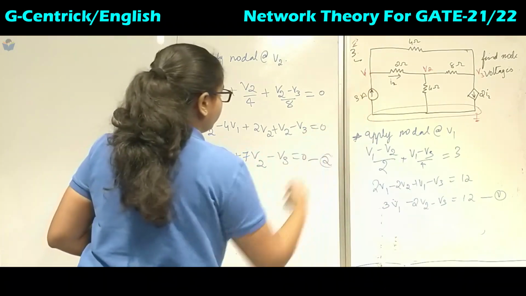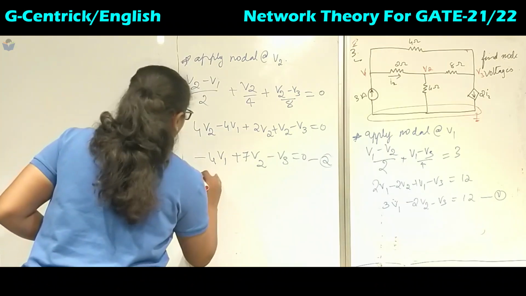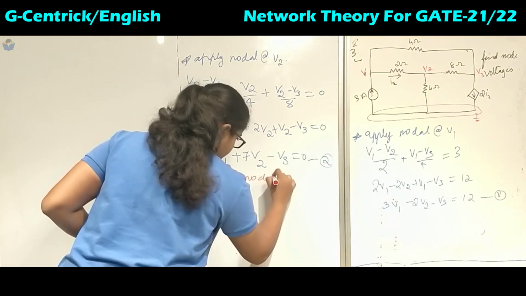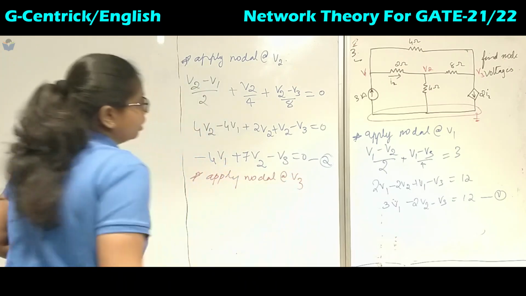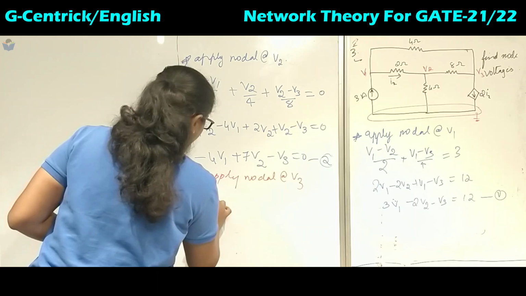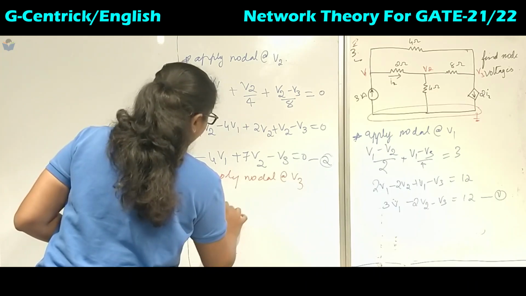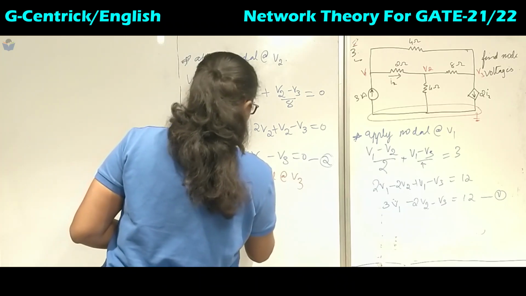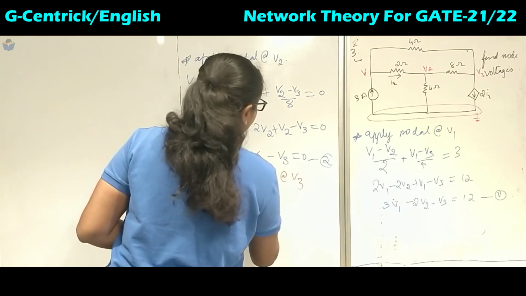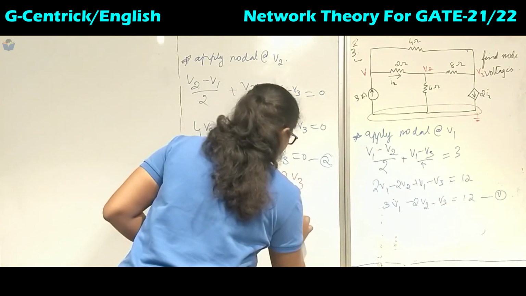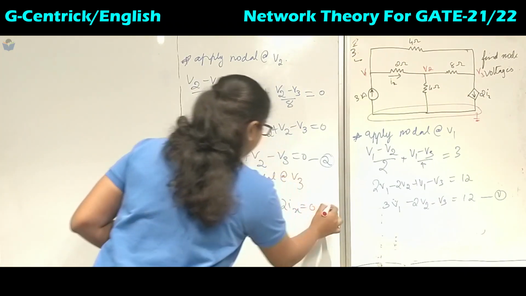Next, coming to the node V3, so apply nodal at V3. We have got 3 branches, so V3 minus V1 divided by 4 plus V3 minus V2 divided by 8, and that is also the outgoing current plus 2Ix equal to 0.